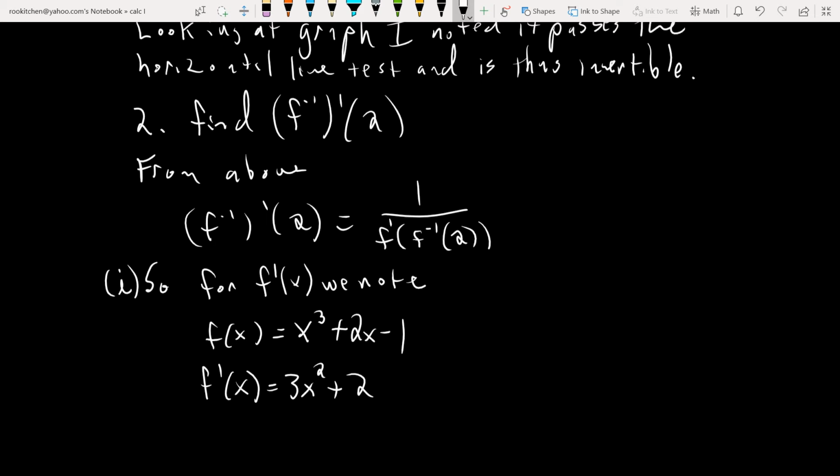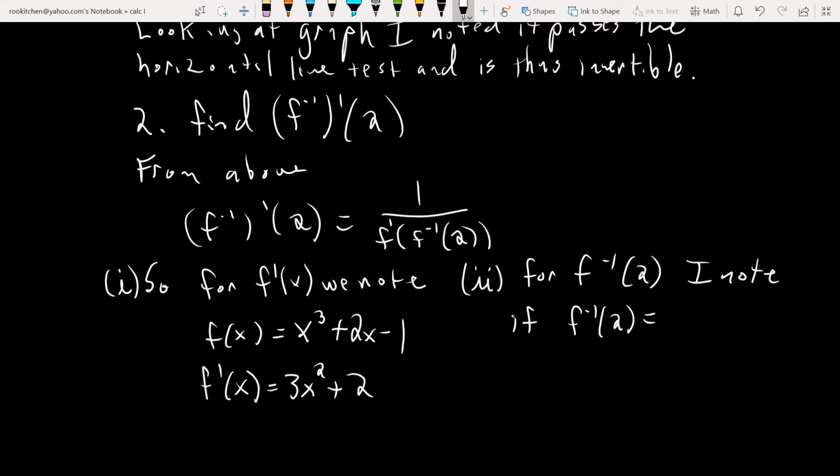So I have these two intermediate steps here. For f inverse of 2, I note the relationship between f inverse and f. If f inverse of 2 equals, let's say, x, then f of x equals 2.